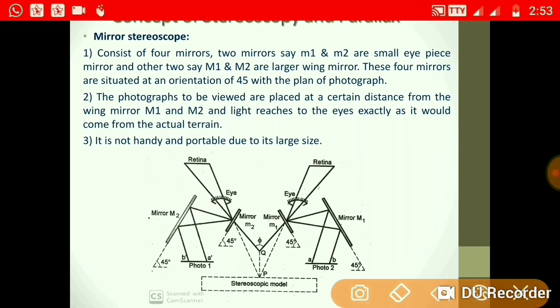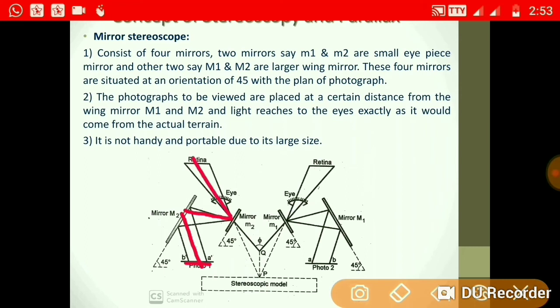The principle behind the working of this mirror stereoscope is very simple. Consider this is the first photograph, and the image of the different features in that photograph is first observed by this mirror, then it is observed by this small mirror M2, and that image is observed by our eye.